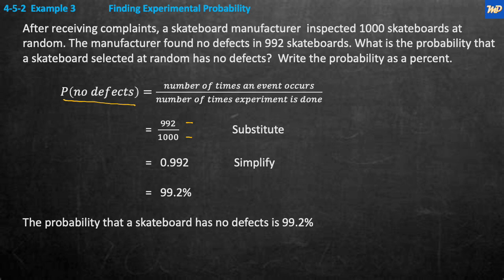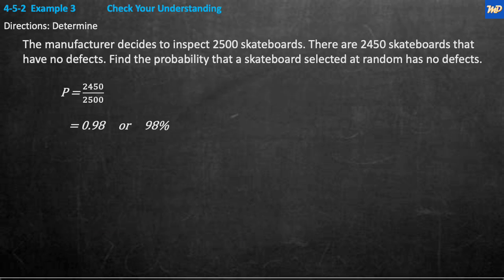If you simplify, the probability is 0.992. You could say 99.2% of the time, if you draw a board out, you will not have a defect. So the probability that a skateboard has no defects is 99.2%.